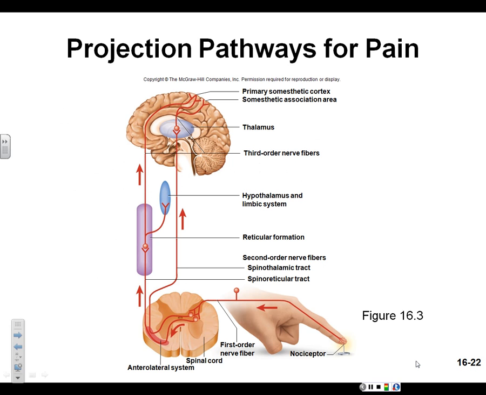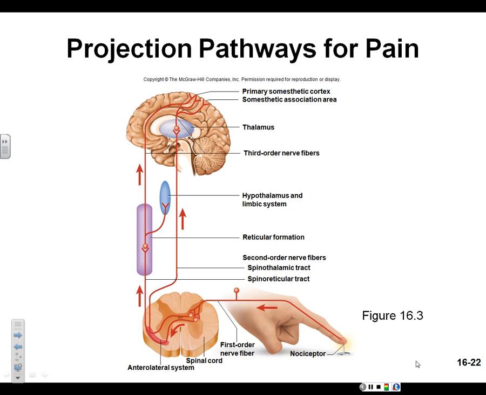All right, this is a diagram of your projection pathway. Again, the finger prick goes up the finger into the dorsal root ganglion, and goes into the posterior horn. It decussates, a crossover in the spinal cord, and travels on the anterolateral tract. It goes up, as you can see, the red arrows.